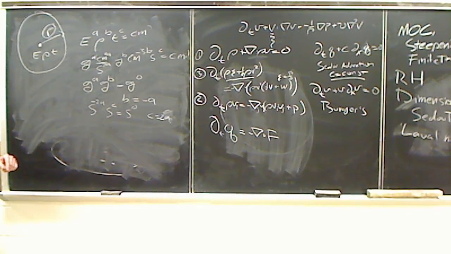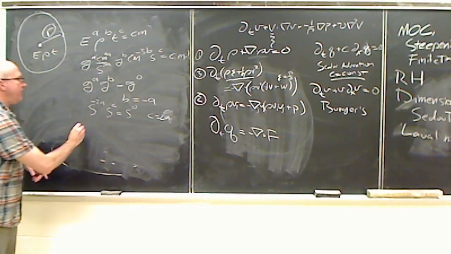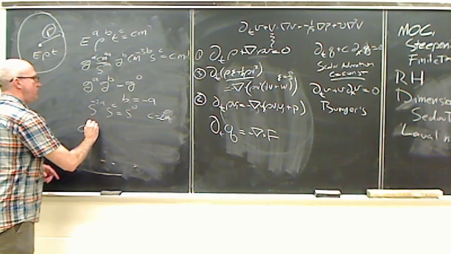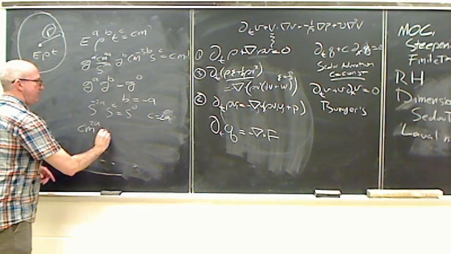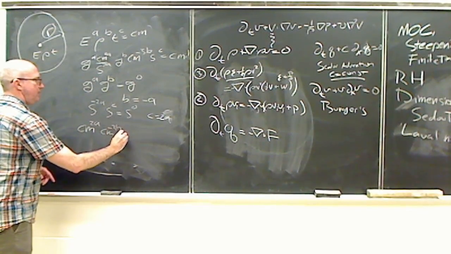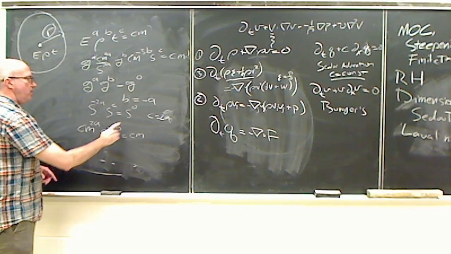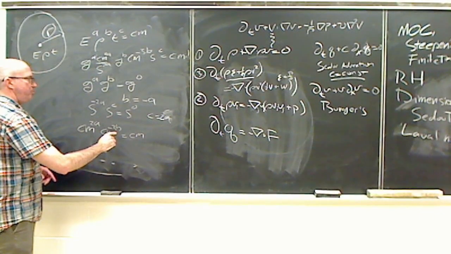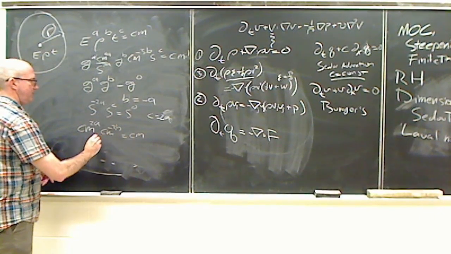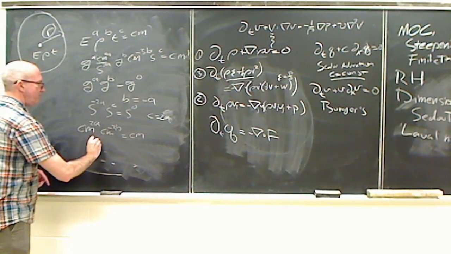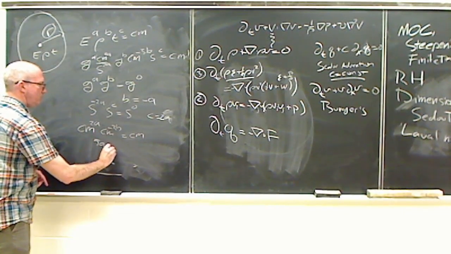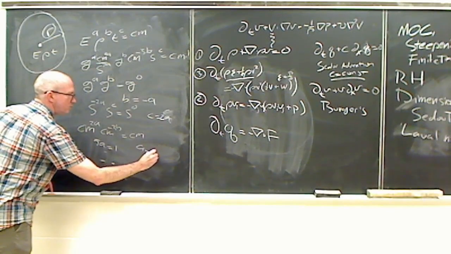C equals 2A. And then let's look at the centimeters. I got centimeters to the 2A, centimeters to the minus 3B equals centimeters. And I know that B equals minus A. So I get 5A equals 1, so A equals 1/5.